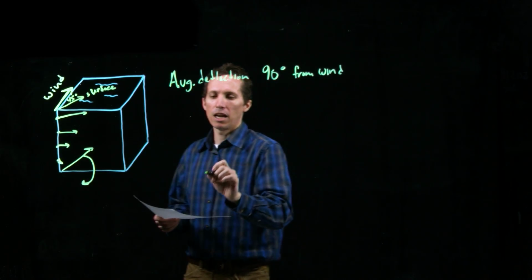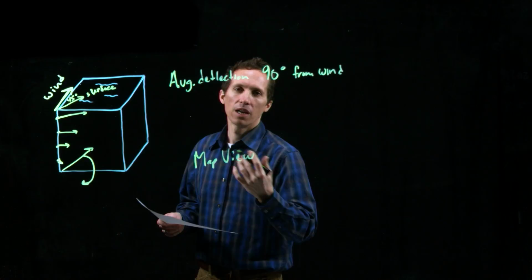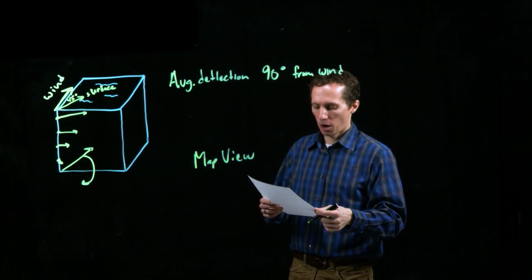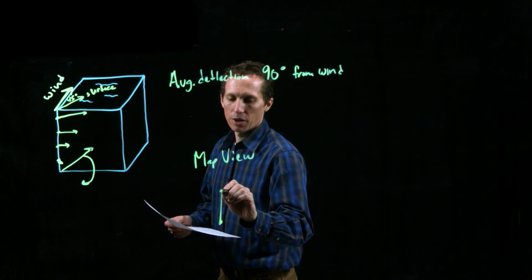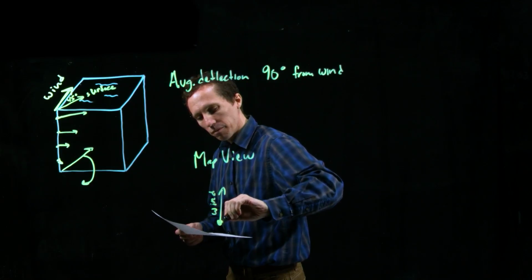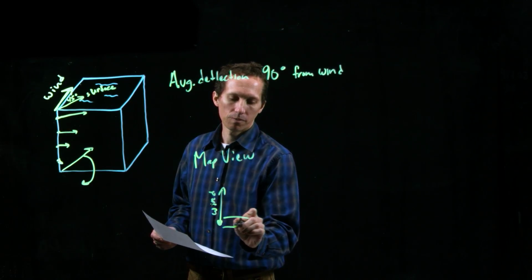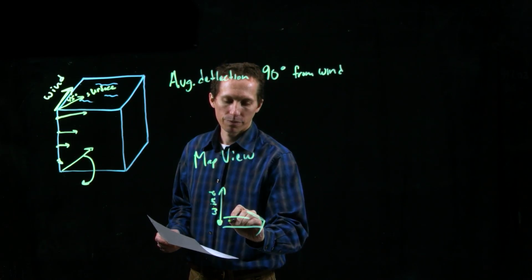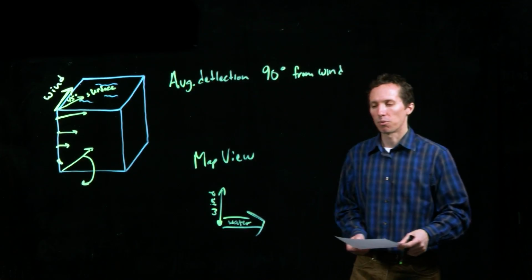And so if we're looking at a map view and we take a look at how, if the wind is blowing from south to north, then the net transport of water is going to be 90 degrees to the right.